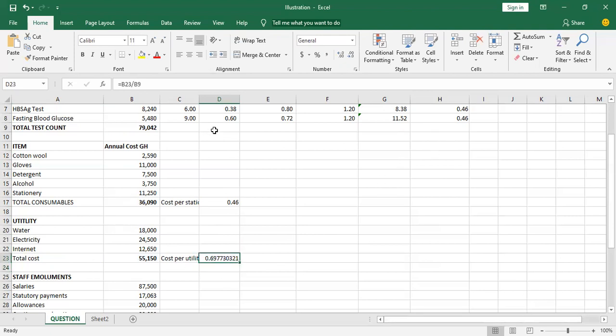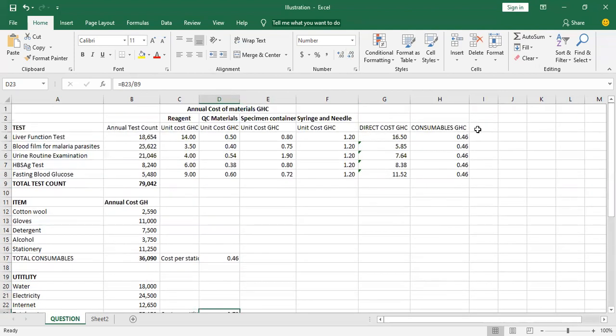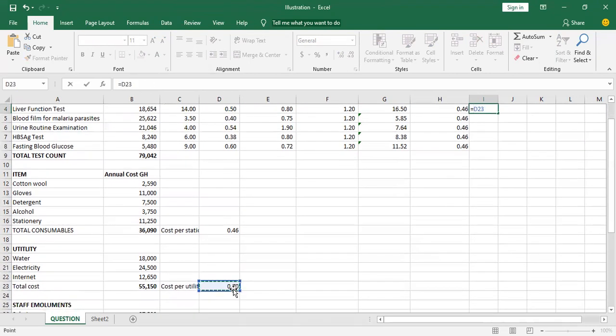So we have 0.697, approximately 0.7. So you come up and create that utility cost. That is 0.7. So same for the others.